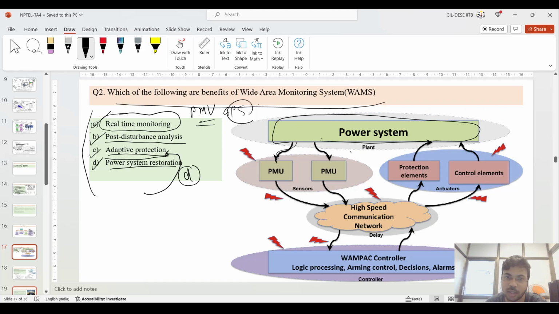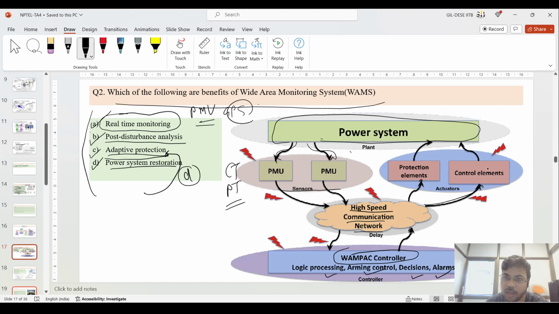Adaptive protection is there. On the right side, I have given one example: if there is a whole power system plant, there are certain PMUs at particular locations. They sense using CT-PT data, convert, sense and transmit. High speed transmission communications are also there. Then it goes to the WAMS PAC controller, that is logic processing, control decision and alarm.